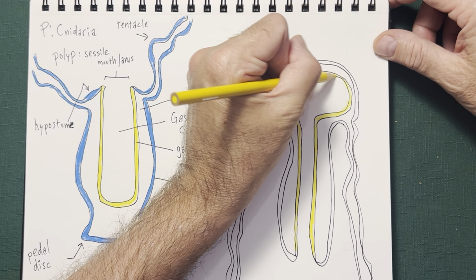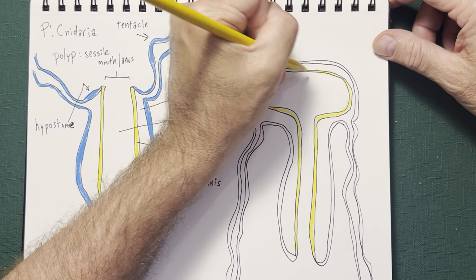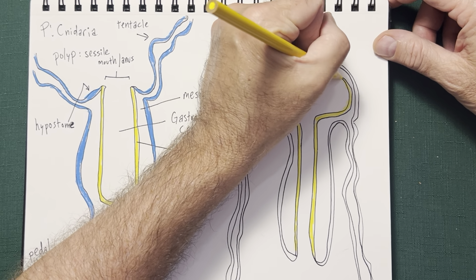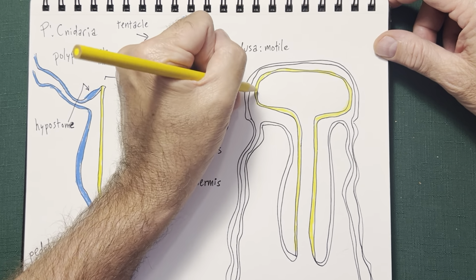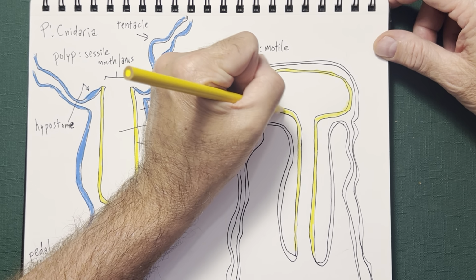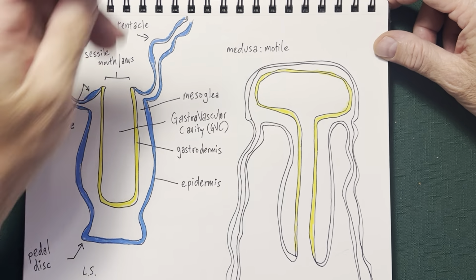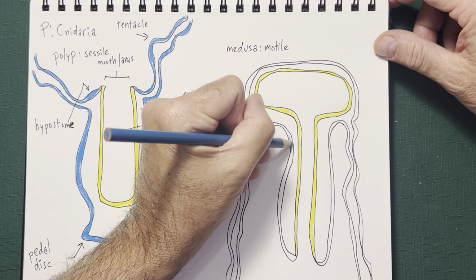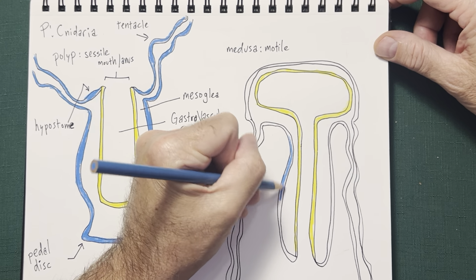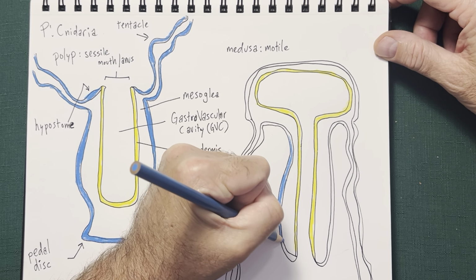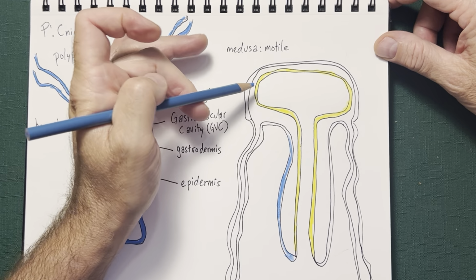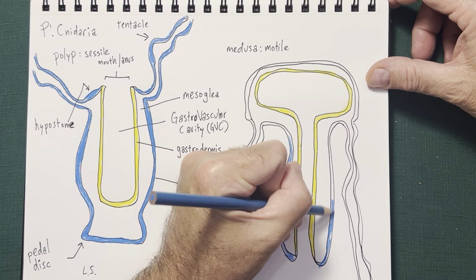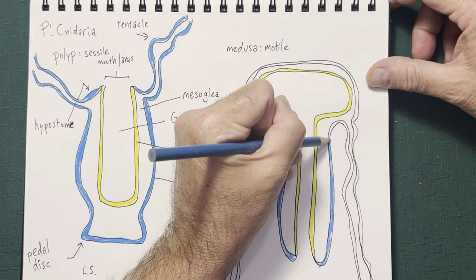You can use whatever two colors you have available, or whatever your particular preference for those colors, but I'm using these. So remember the yellow is gastrodermis, the blue is epidermis.